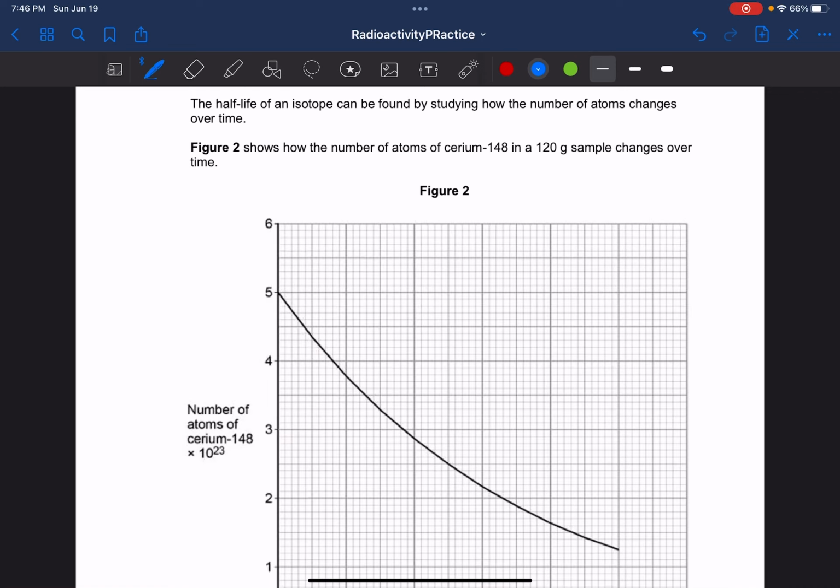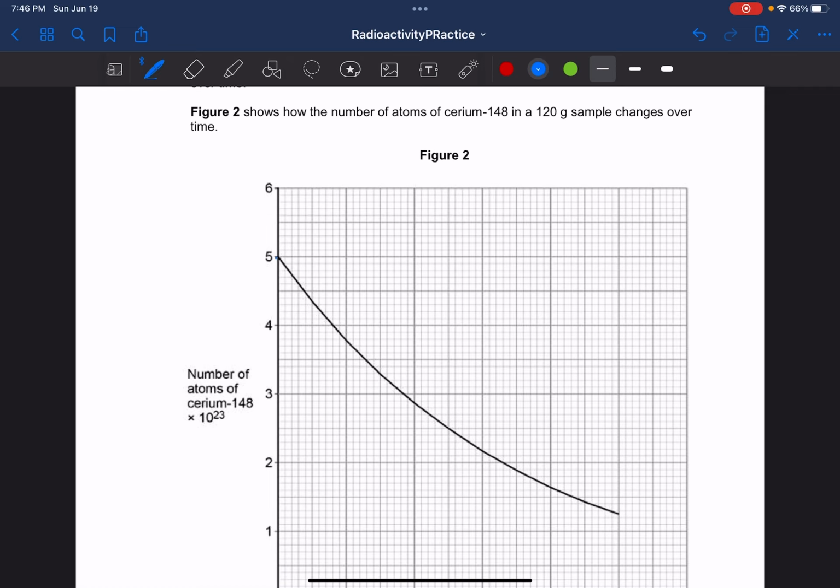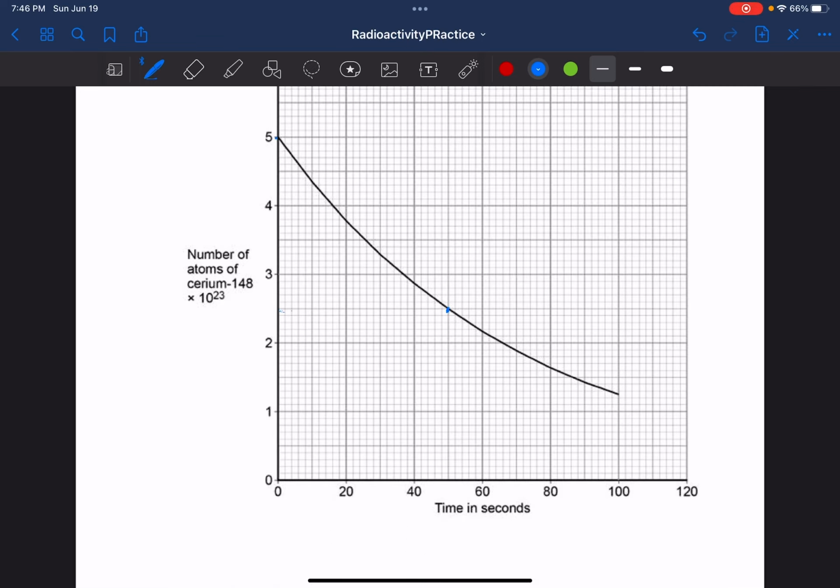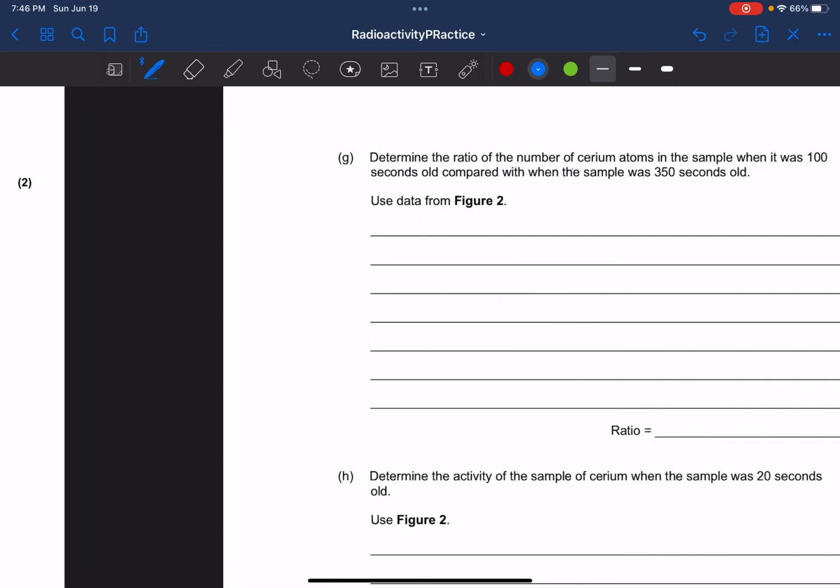To find the half-life, we start at 5, so we go to 2.5, because that's when it will be halved. And that's right here, and I'm willing to bet that's 50 seconds, just because the math is going to work out. So my half-life is 50 seconds. Now I have to look at how many half-lives it goes through.